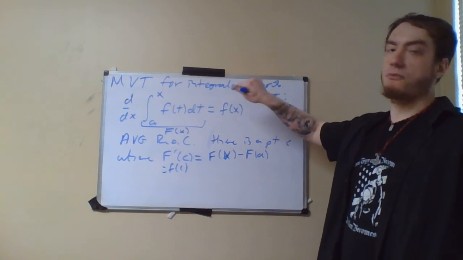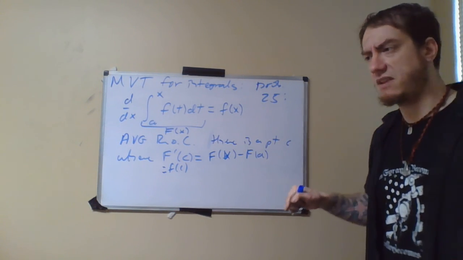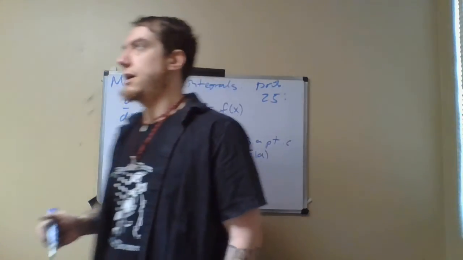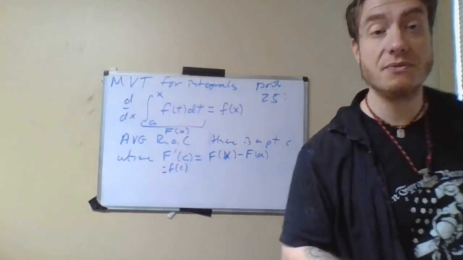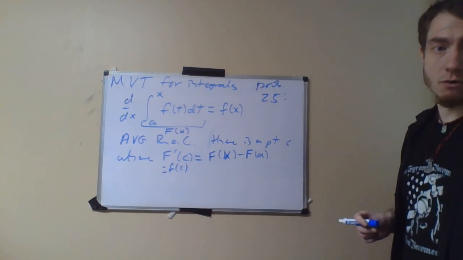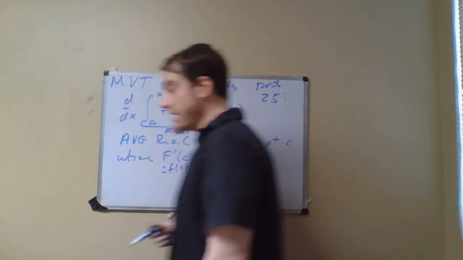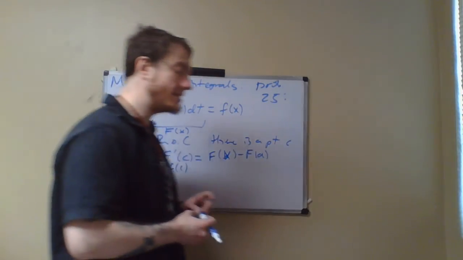But the mean value theorem for integrals is so nice and simple to prove. The mean value theorem for derivatives is, again, not terrible. I'm not saying it's the worst proof I've ever seen in my life, but at least if I'm remembering correctly, it's definitely longer. And so I think that approaching this for integrals is easier.